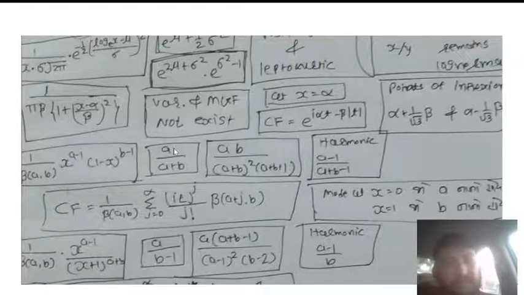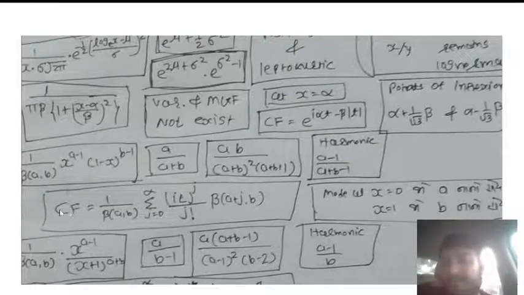Just deduce it: put minus 1 in both the numerator and denominator of this mean. a minus 1 upon a plus b minus 1. Then you get the harmonic mean. See, the mean of a beta first kind distribution is a upon a plus b, and the harmonic mean is a minus 1 upon a plus b minus 1. So this is the mean, this is the variance, this is the harmonic mean.